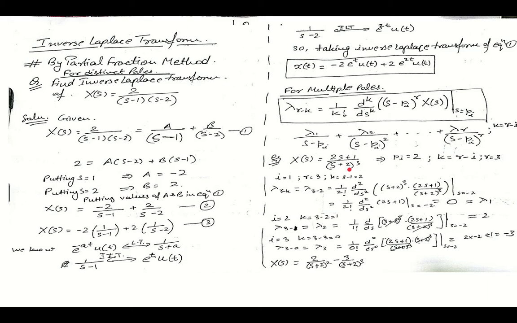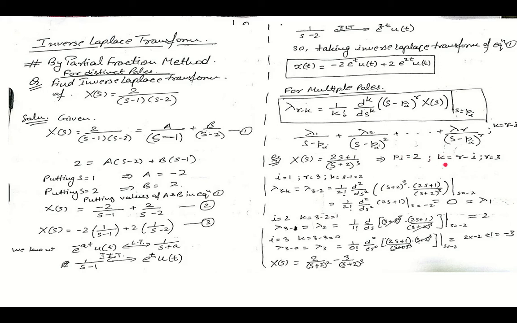Now, it consists of multiple poles. Multiple poles means that we have the same pole repeated. So we can see that this pole is there 3 times. So we have the p_i value equal to minus 2.